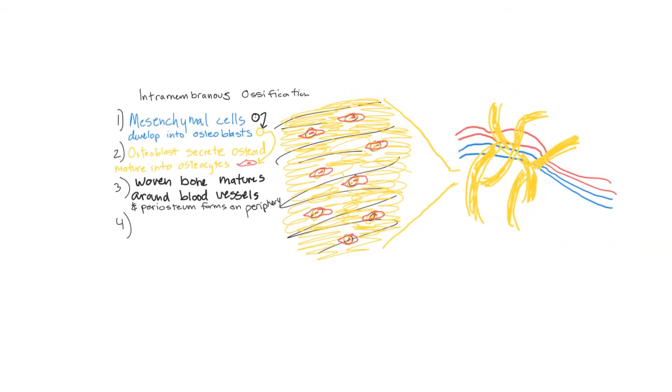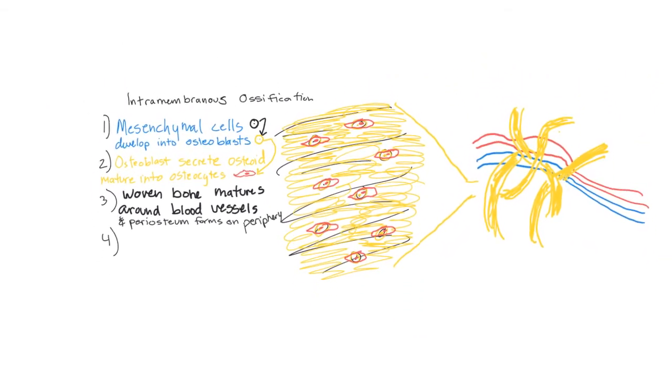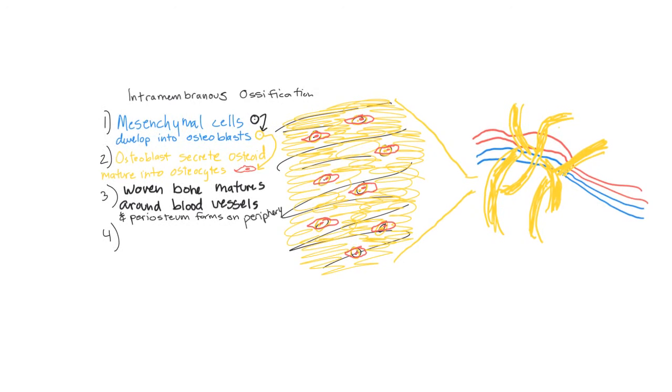The woven bone forms around these blood vessels, and you have periosteum forming on the outside.